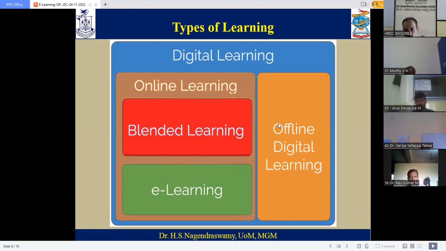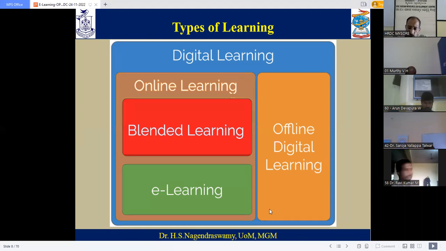In addition to that, there is other offline digital learning as well. Today, almost all libraries have been upgraded from a traditional mode to an electronic mode. If you go to the Indian Institute of Science or the IITs, you can access any material of your interest just by typing the keyword.